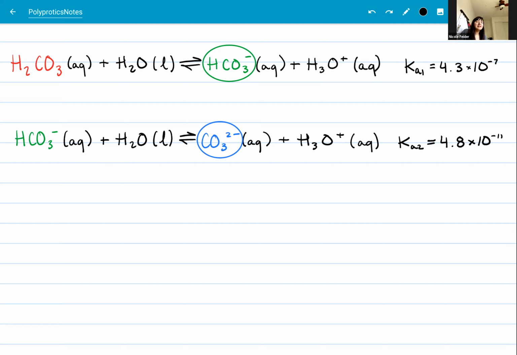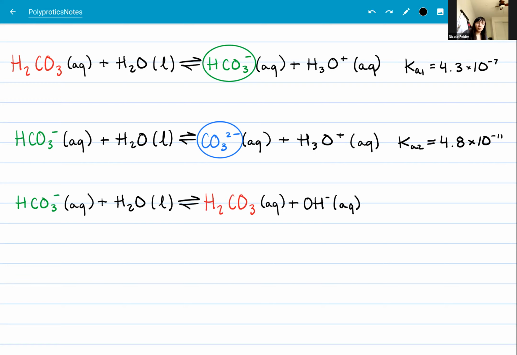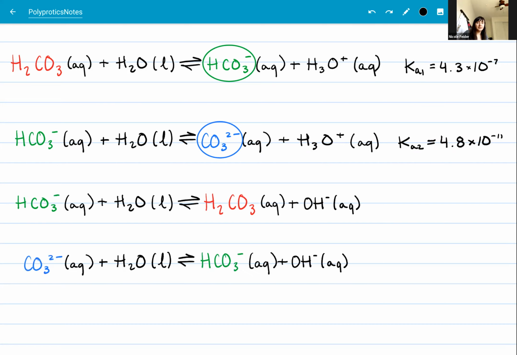The base equilibria for these two look like this, where bicarbonate and water react to form carbonic acid and hydroxide, and carbonate and water produce bicarbonate and hydroxide. So because these are base equilibria, they should each have an associated Kb, but how should we number these?